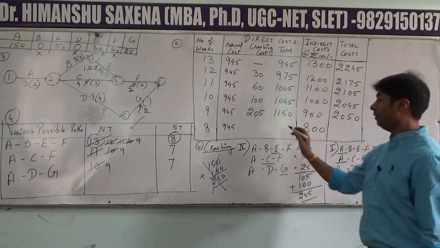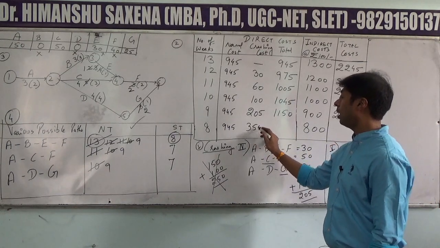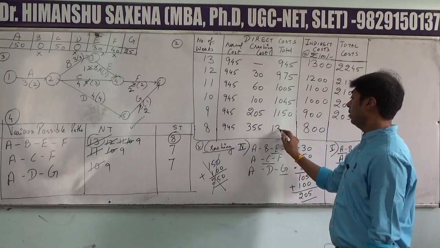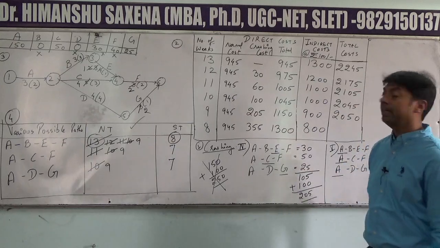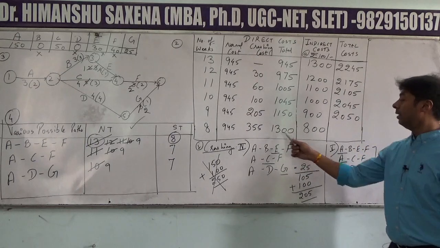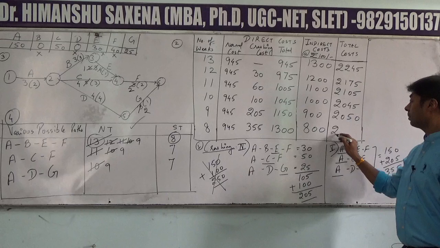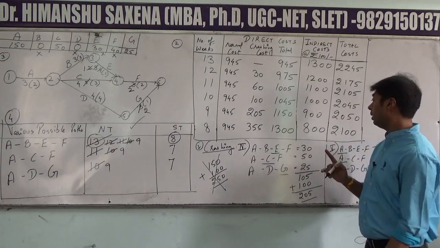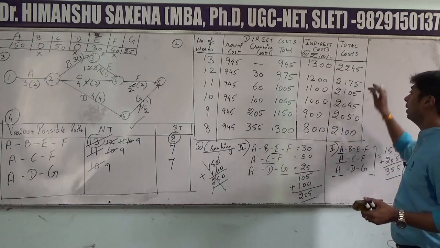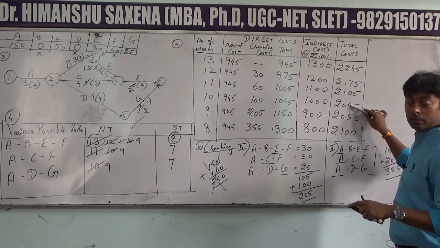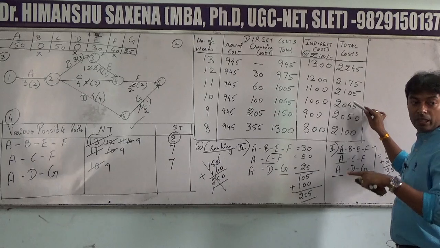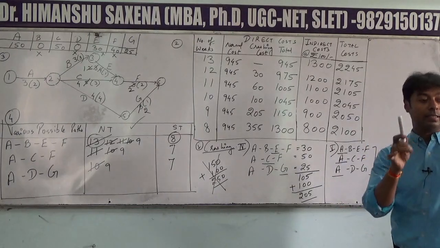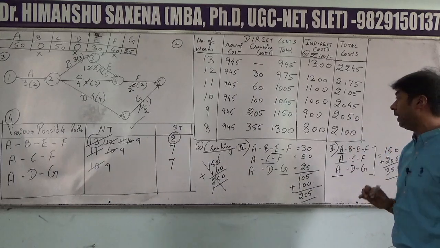Now 355, we'll place it in our cost sheet. 945 plus 355, that will be equal to 1300, and 1300 plus 800 will give us the total cost as 2100. Now remember this rule, as I told you earlier, the costs will continue to decrease till they reach a minimum point, and when they start increasing, they are not going to decrease again.